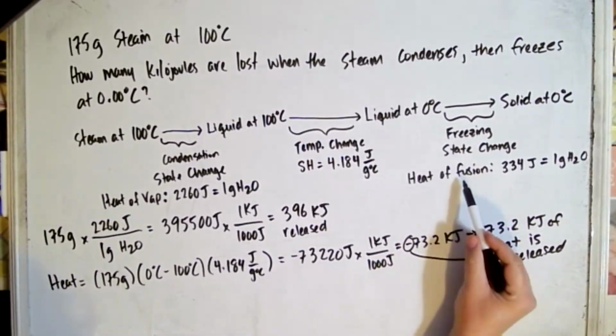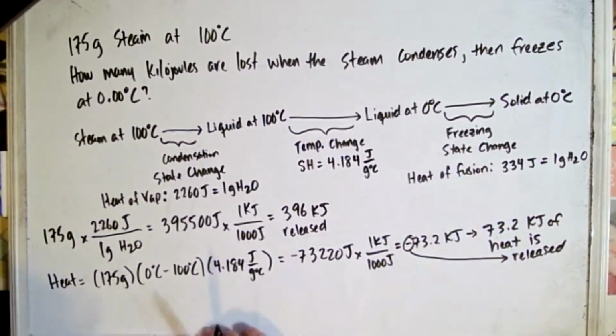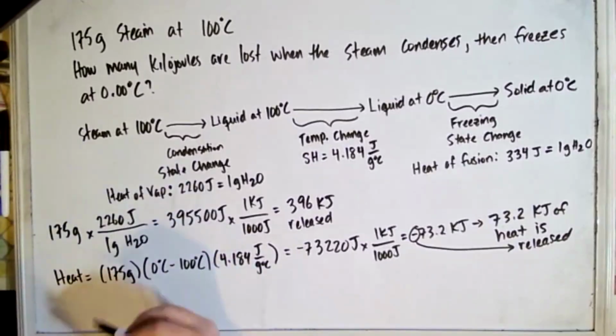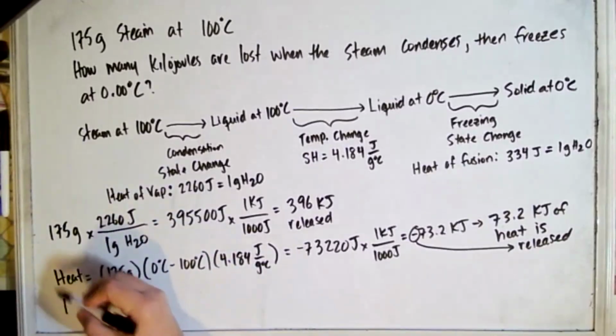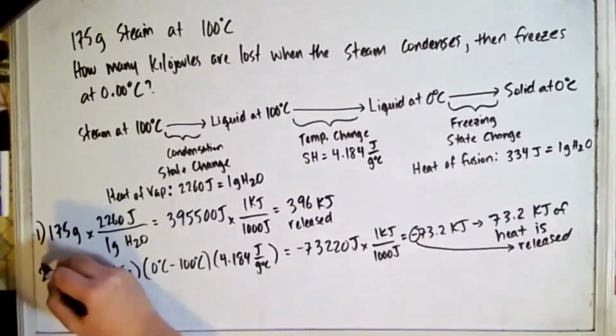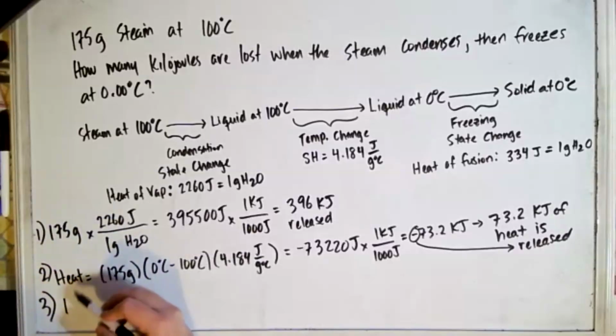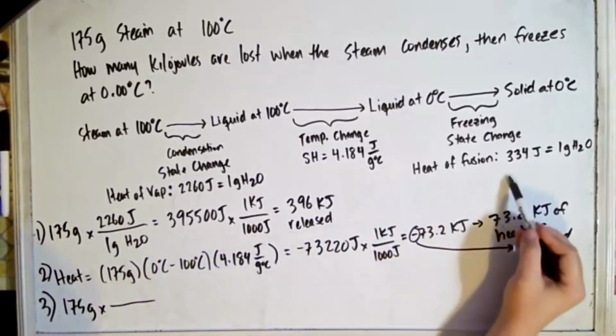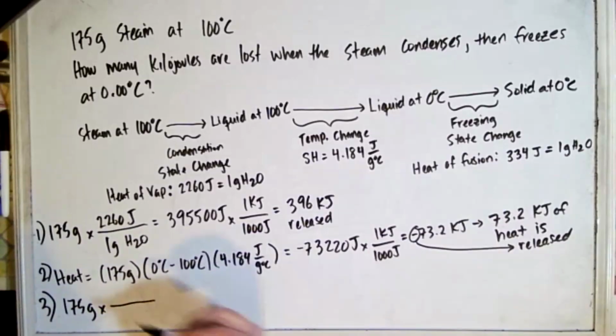And now we want to look at our final phase change, which is going to be our fusion phase change. So we'll number these, step 1, step 2, step 3. We're going to take our 175 grams of ice, and this time we're going to use our heat of fusion equality to set up our calculation.